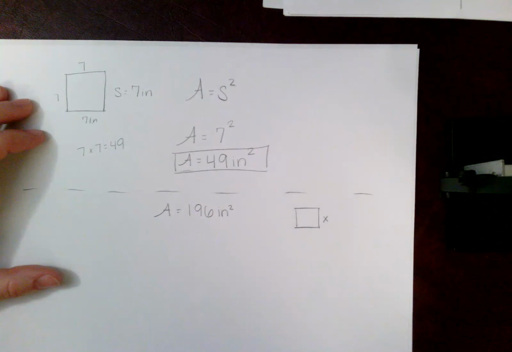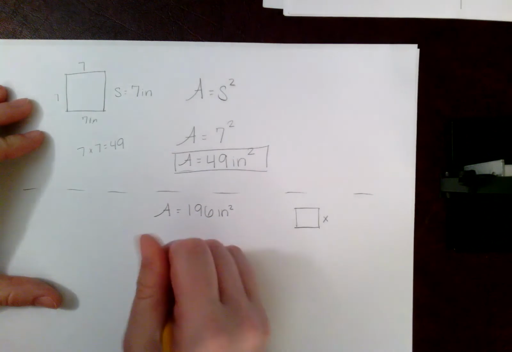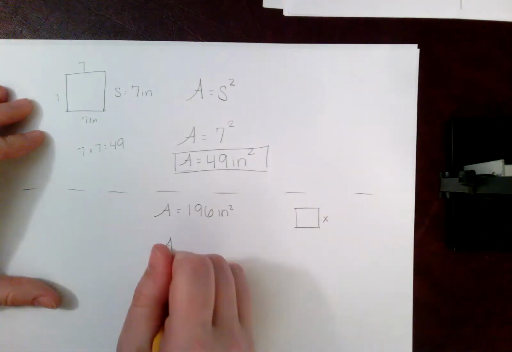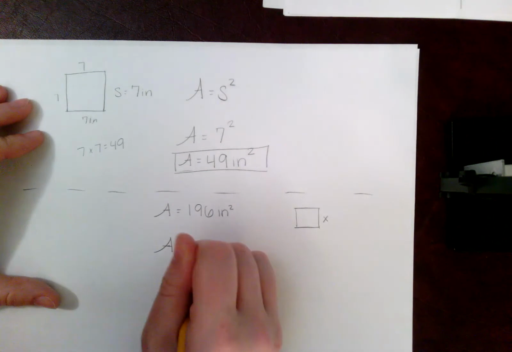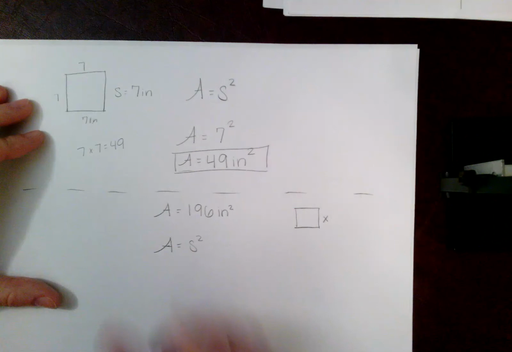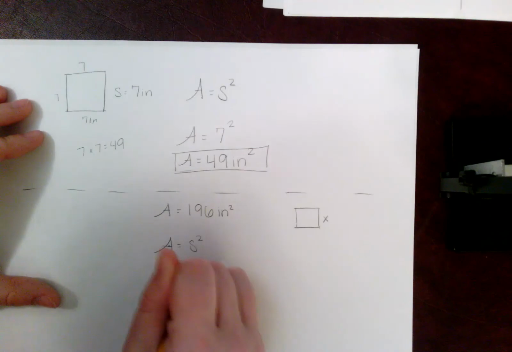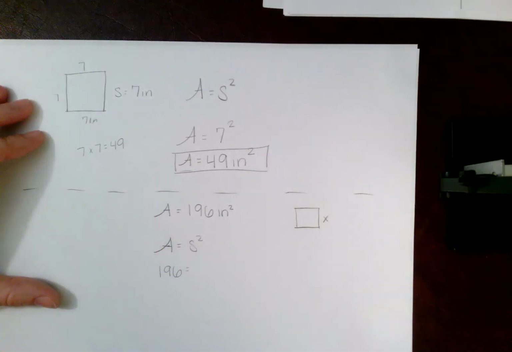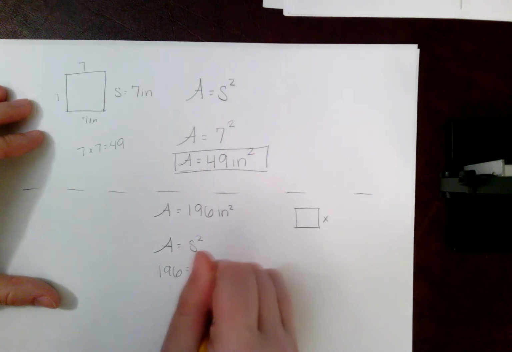So again, we go to our handy dandy formula. Write down our formula, area equals side squared, and then we just plug in what we know. So I know my area is 196 equals my side squared.